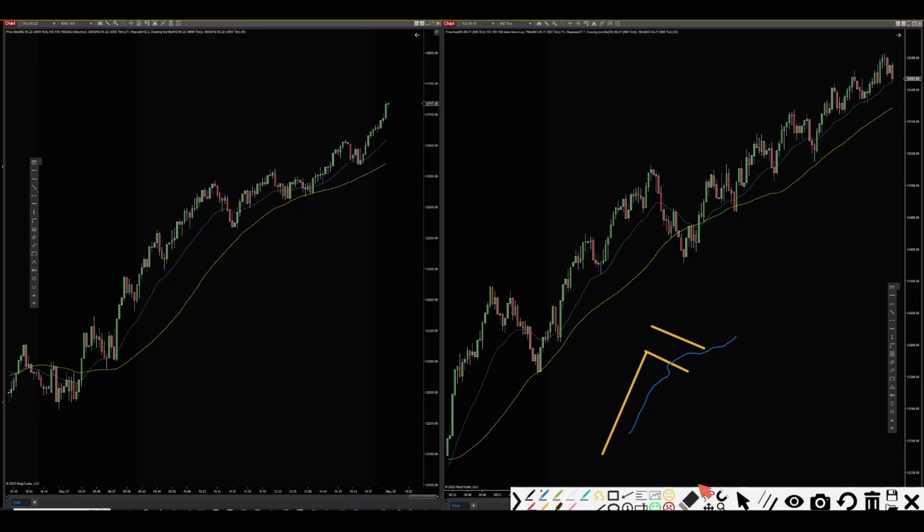Then the third thing we need to look for, before the entry, is a signal bar. The signal bar is going to be a strong bar, and usually it will cross the moving average line and break that channel or structure.